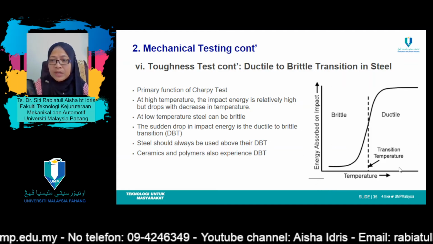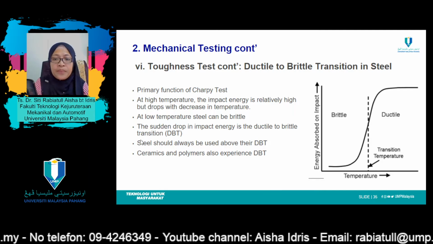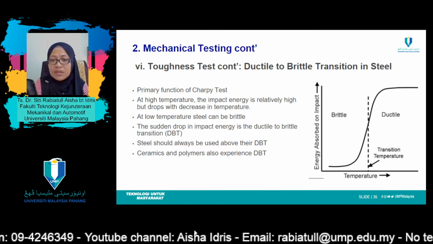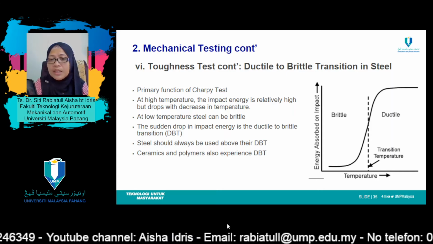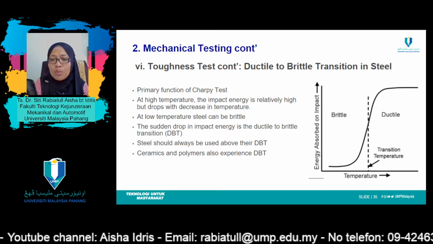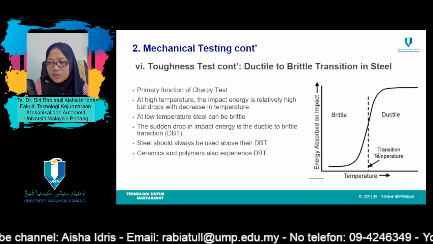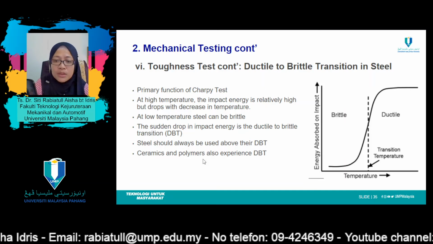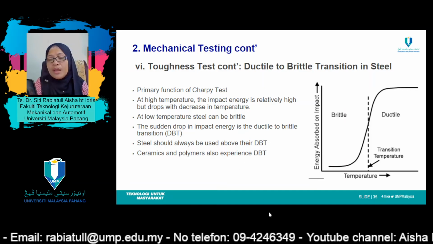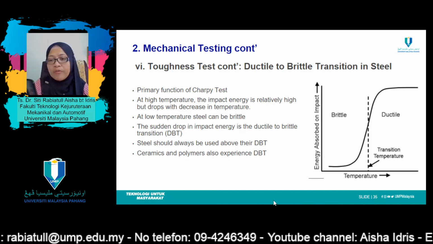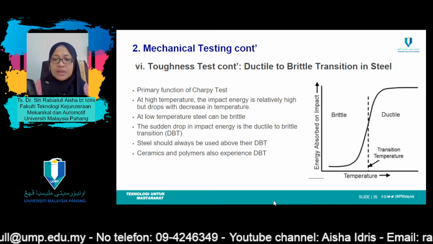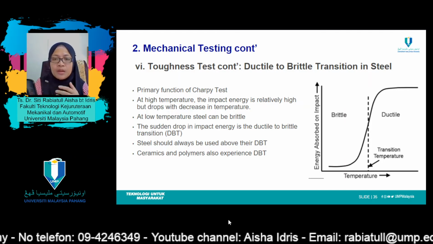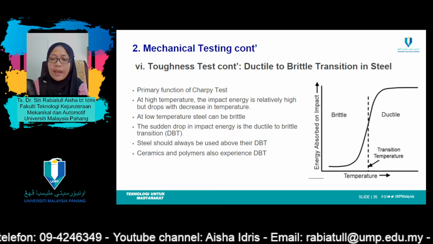By referring to this figure over here, the sudden drop in impact energy is the ductile to brittle transition, or DBT. We should always stay above the DBT. Ceramics and polymers also experience DBT, and therefore we need to know the location of DBT in order to maintain the properties of the materials, so that we can design proper final products in the end.